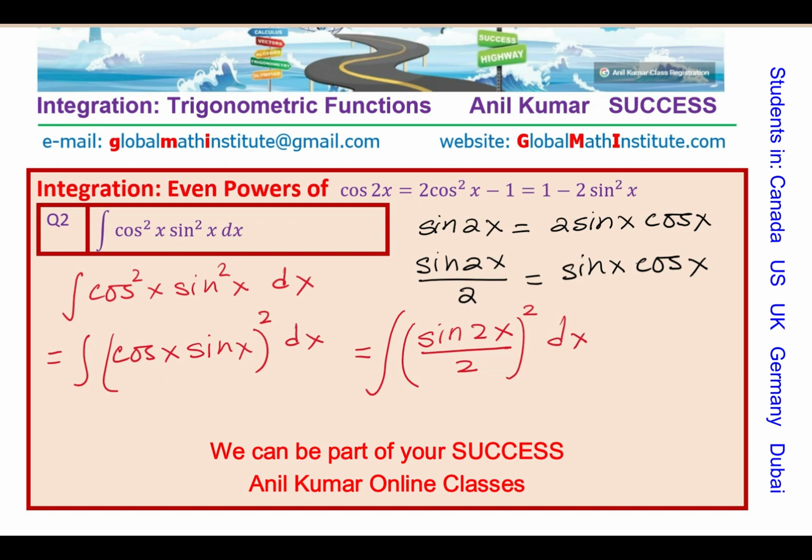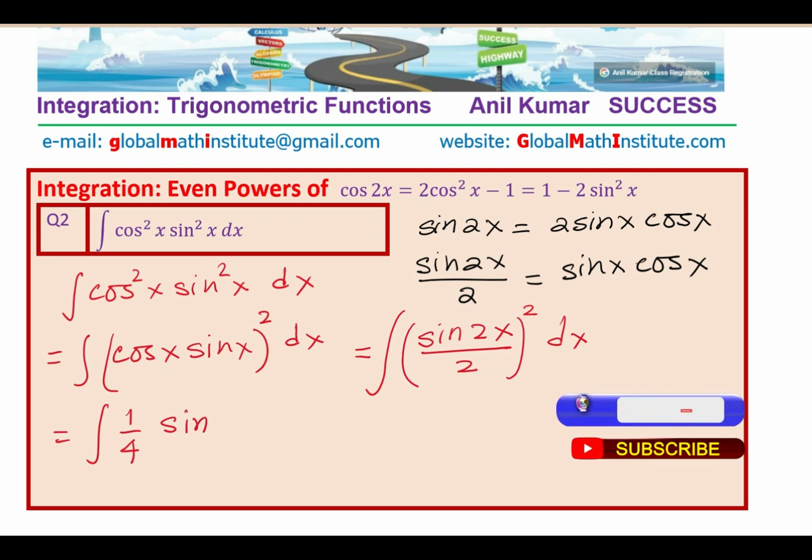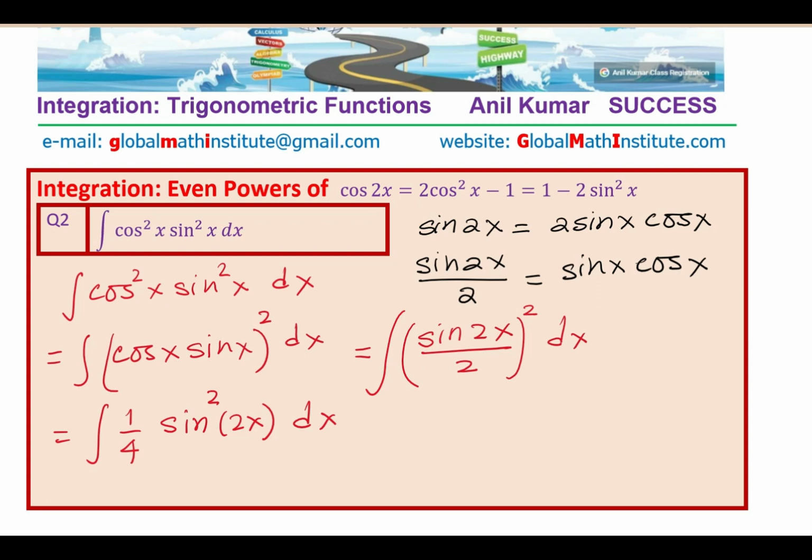dx. Perfect. So this can be written as the integral of 1/4 sin²2x dx. Now we know what sin²x is equal to, right? So that is equal to half of 1 minus cos 2x, right?